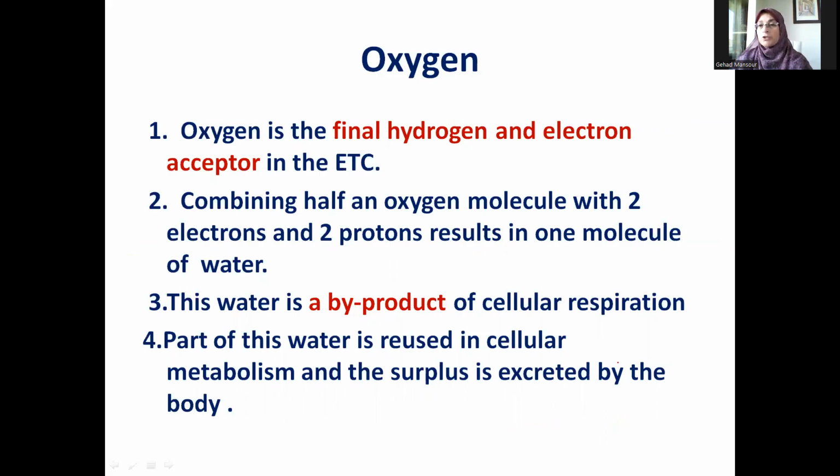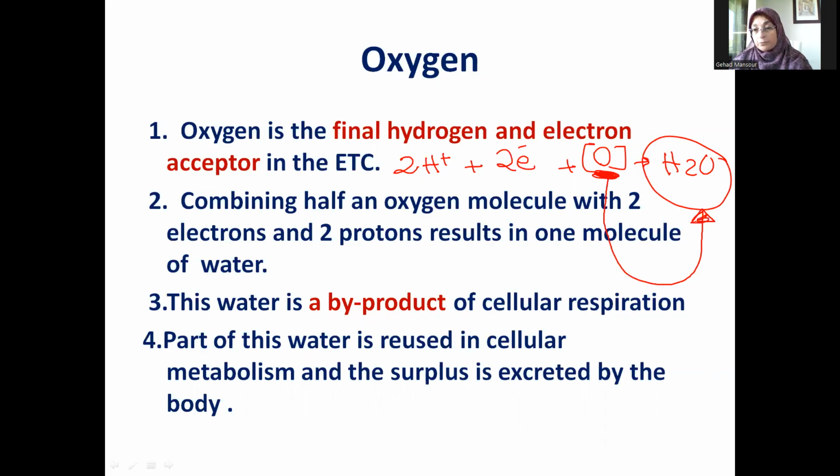We talked about oxygen and how oxygen is a final product. And here, if you have the two protons plus the two electrons, after losing their energy, they can now couple with oxygen, with one oxygen atom, to form a water molecule. So this is how oxygen acts as a final electron acceptor and forms a water molecule. Of course, if you multiply by 2, then you will have 4 hydrogen ions plus 4 electrons.